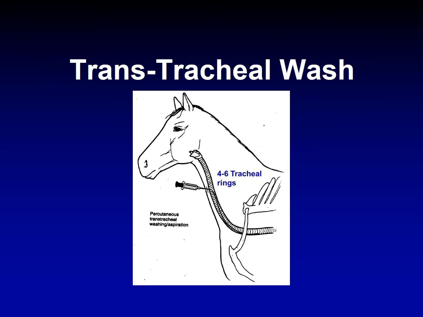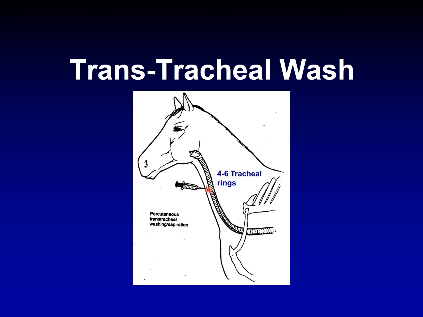Transtracheal wash is basically a procedure that clinicians utilize to collect fluid from the respiratory system, from the trachea, bronchioles, and from the lungs, of course. What you do is on the ventral aspect of the trachea, at the fifth to sixth tracheal rings level, you have the annular ligament between the two rings.